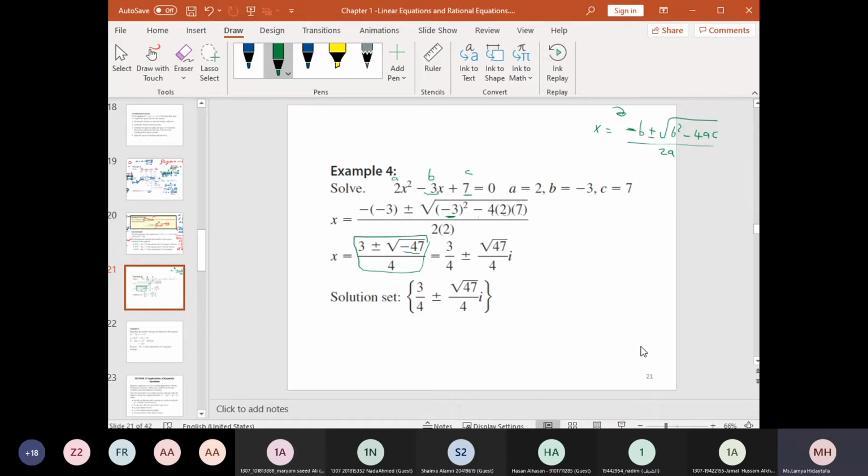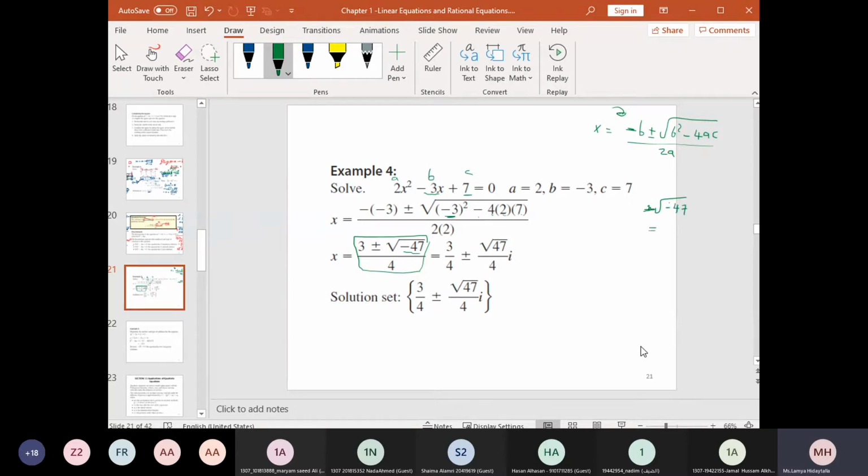No, you don't have to sketch any graph. I just want to remind you so you don't forget that a quadratic equation will always have either two solutions, or one solution, or imaginary solutions. Now, for the solution, you can simplify the square root of minus 47 here.